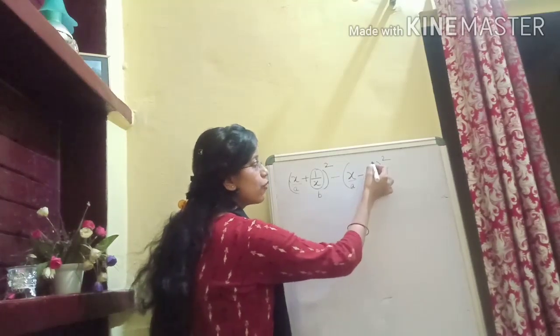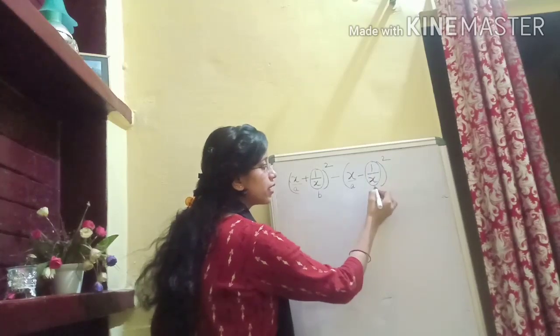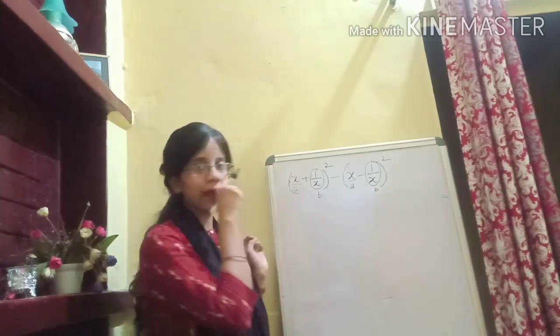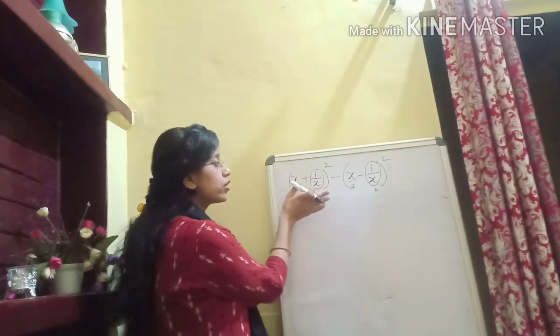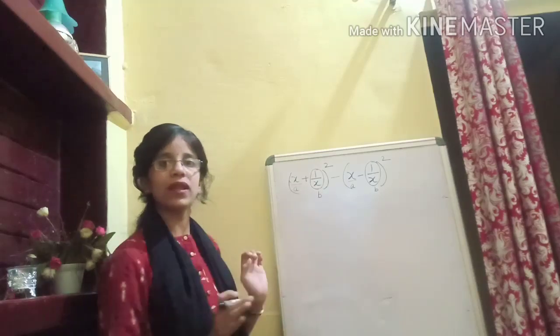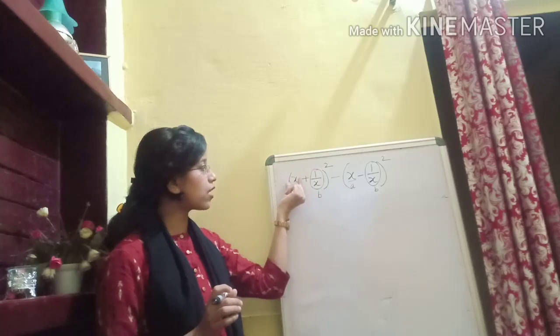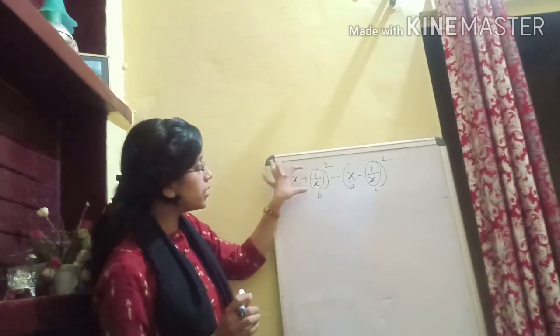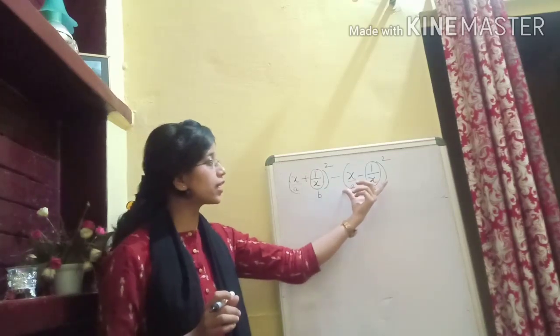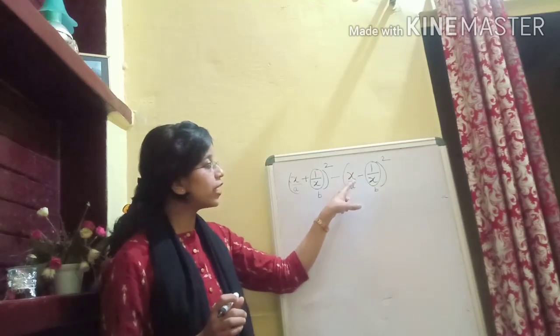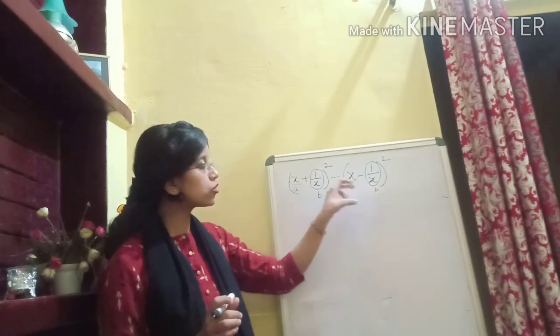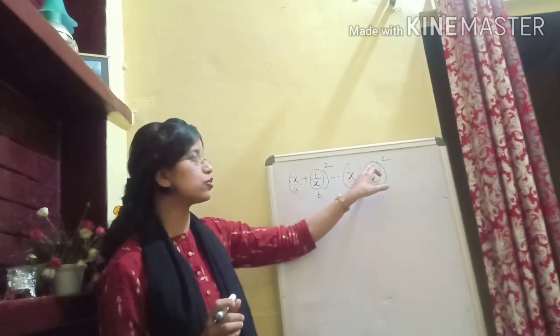That is x. What is at the place of b? That is 1/x. So for the first term, we are going to apply the identity (a + b)², where a is x and b is 1/x. And for the second term, we have (a − b)², where a is x and b is 1/x.